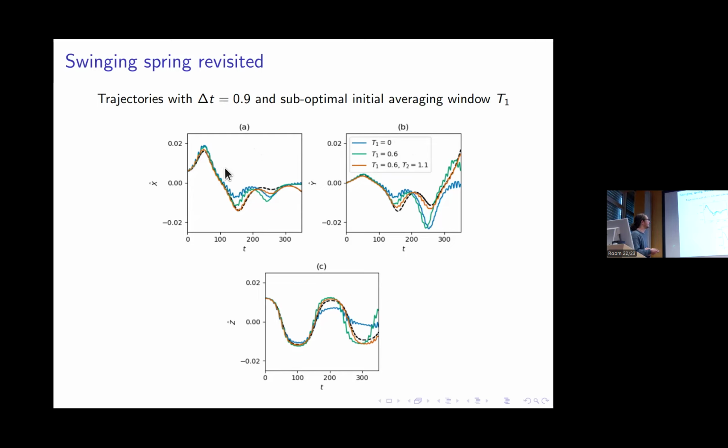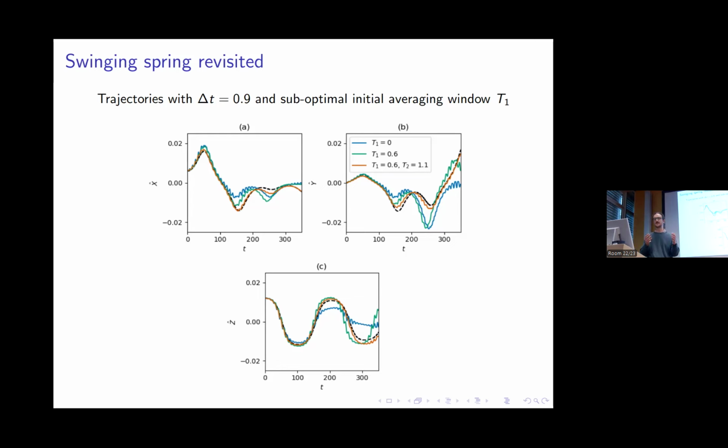And with a different averaging window and this suboptimal initial averaging window, the deferred correction method again brings you pretty close to the truth solution. And I think I can claim on this slide it is better than the phase average solution. So there is an improvement that we see.